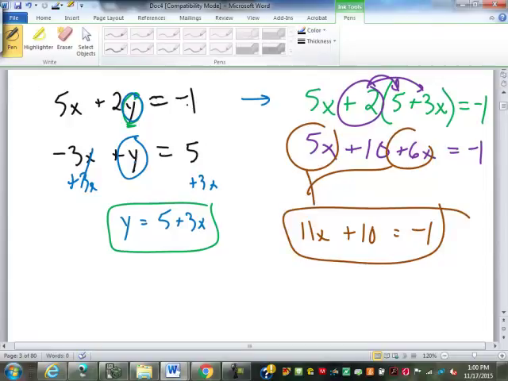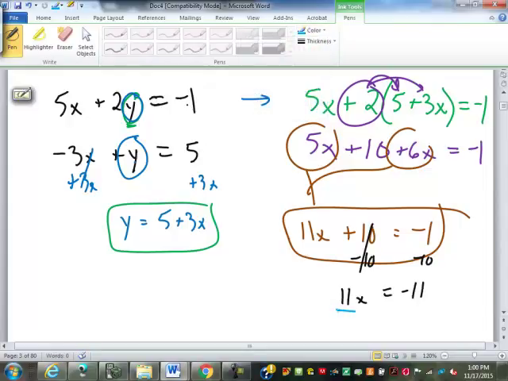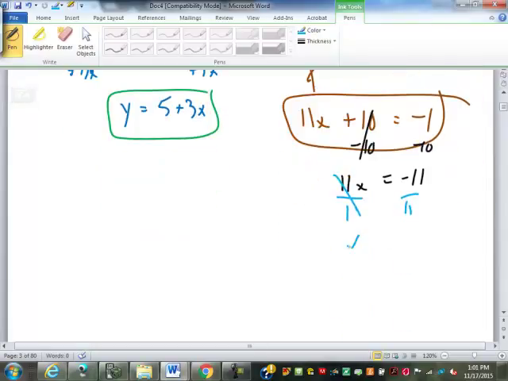And then subtract 10. 11x equals negative 11. And then divide by 11. x equals a negative 1. So x is negative 1.